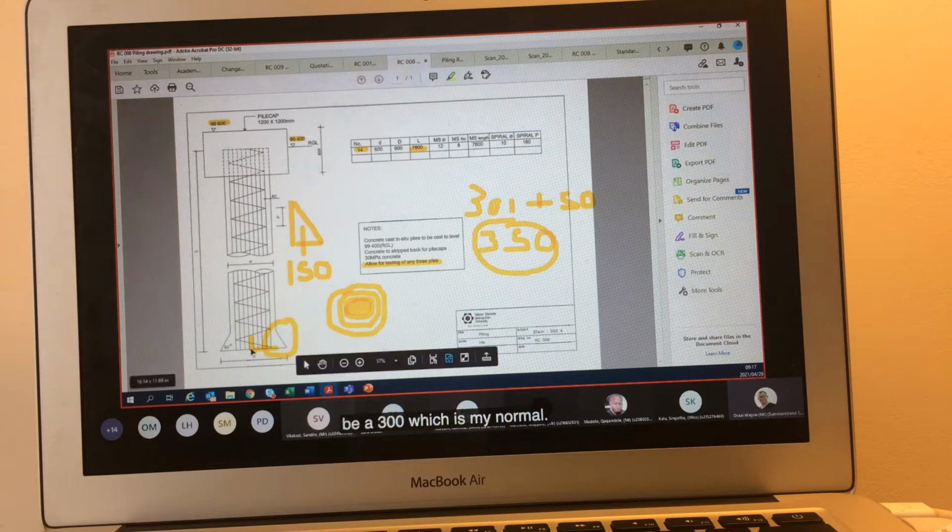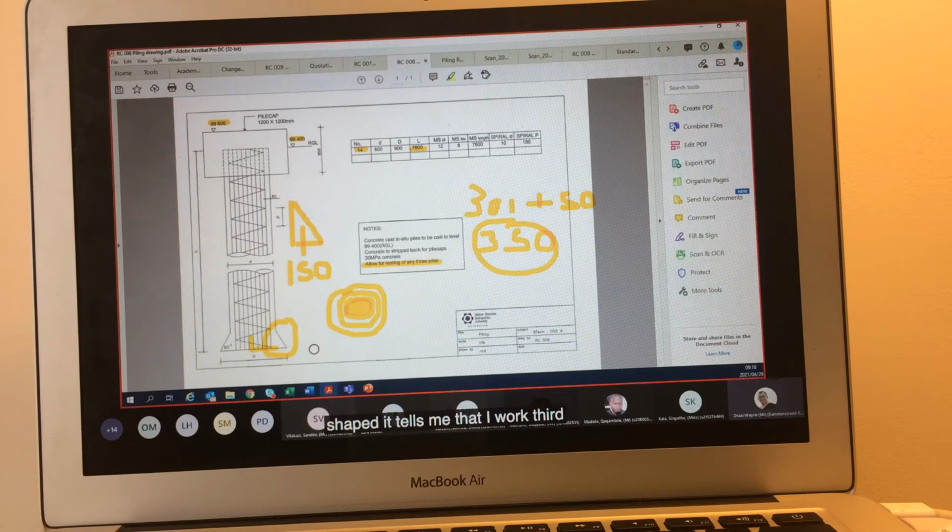So it will be the 300, which is my normal radius, plus the 50, which is a third into this reamed section, and then I need to determine the circumference of that, where you can see my cursor. I need to determine that circumference, because that will give me the center. And when I have a triangular shape, that tells me that I work a third for the center line of that.